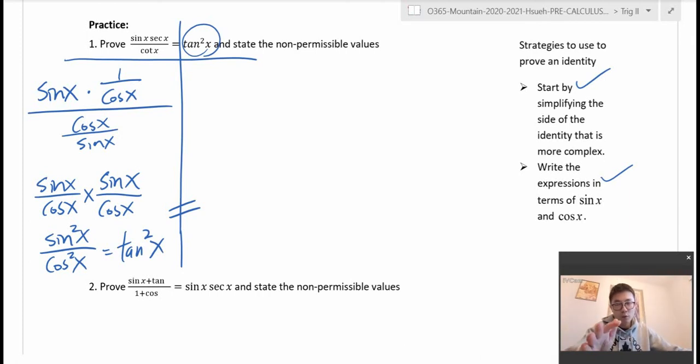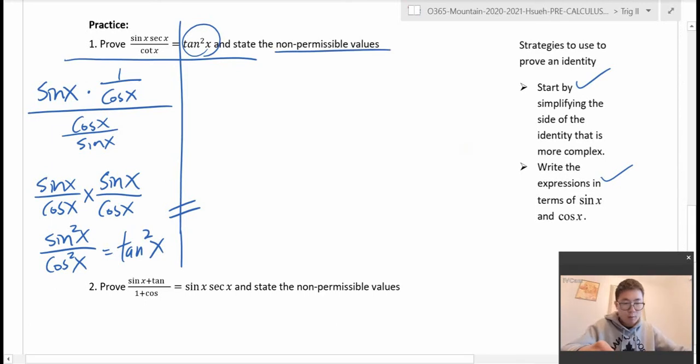But you definitely will be looking at different ways of proving. So when you practice it, your final answer might not be the same as mine, which is okay. But just make sure that you follow the rules, right? You can't do something that's not right, and then somehow get to the final answer, then it won't be right. Okay, you can't make things up. All right, so that's the proof.